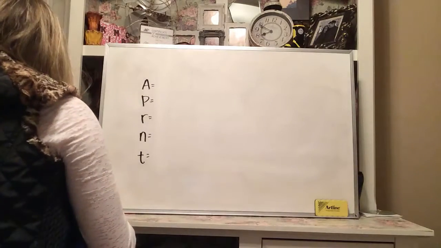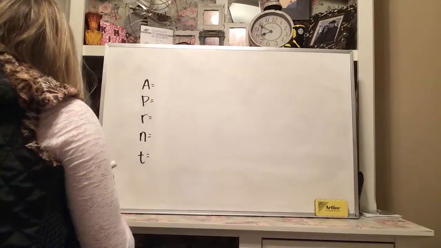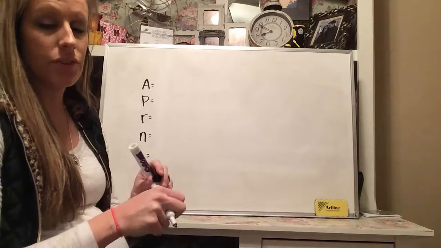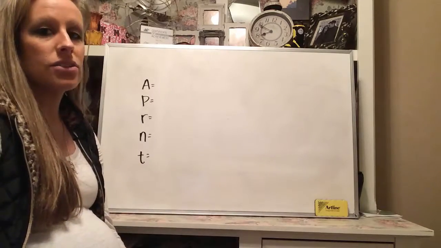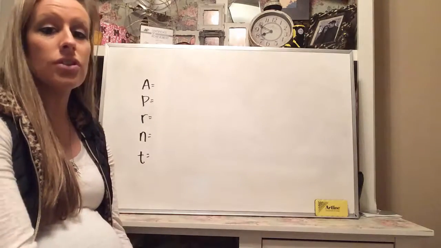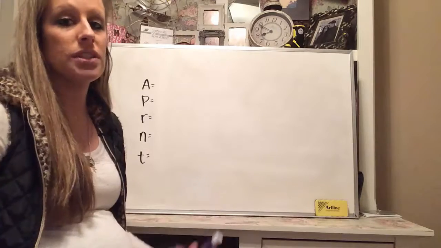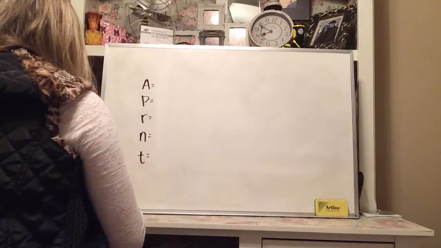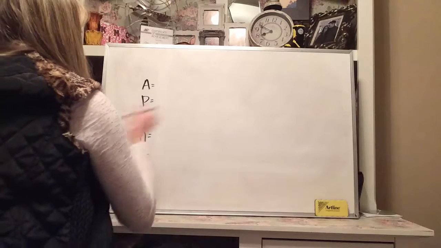She wants to have $5,000 in her account after 10 years. So the $5,000 is not the initial investment, it's how much she wants to get back out. So the $5,000 is actually your A.